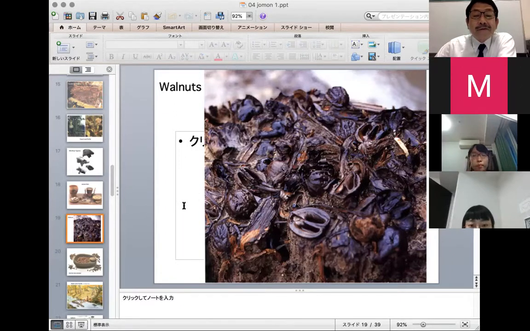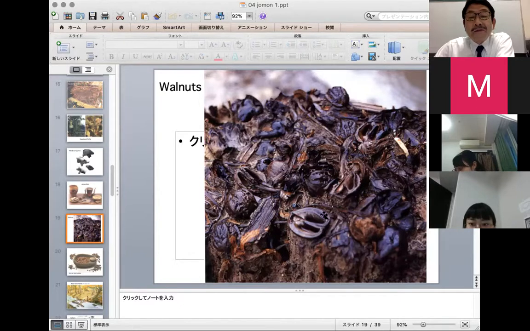It's very difficult to split the walnuts because the native walnut of Japan is onigurumi. Oni means demon, so it's very hard. Very hard shell compared to the Western type species, so you have to crack it with a stone or something.